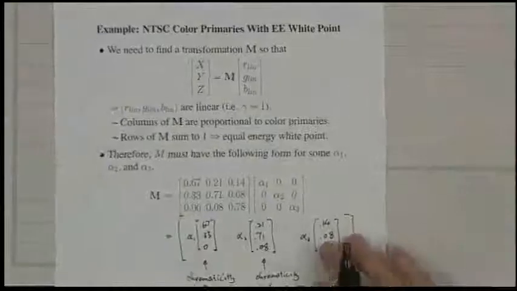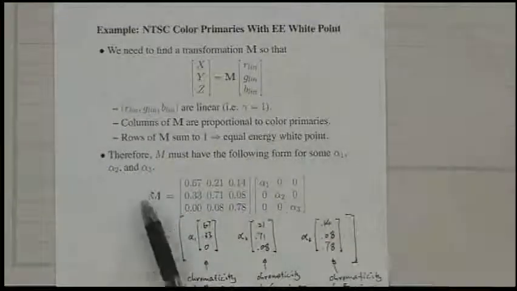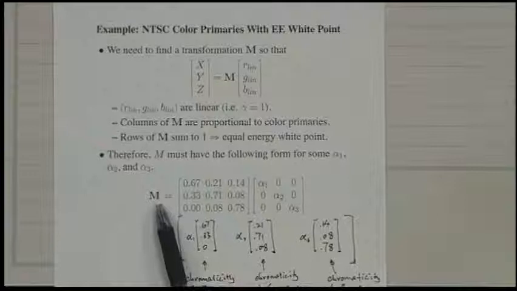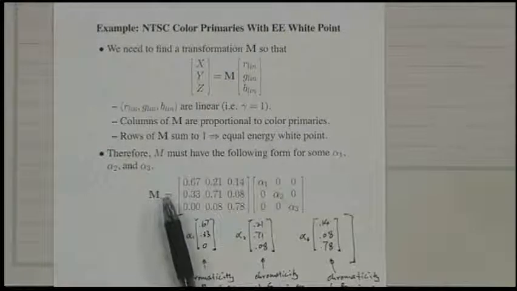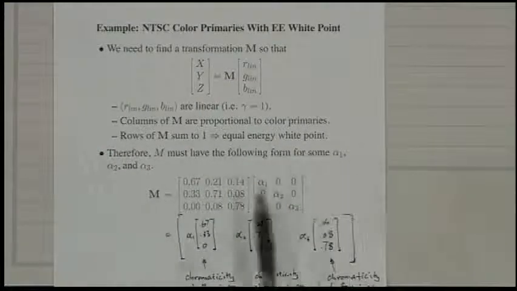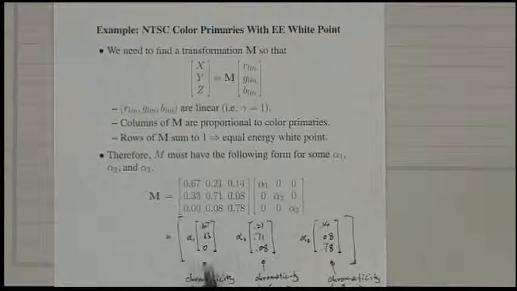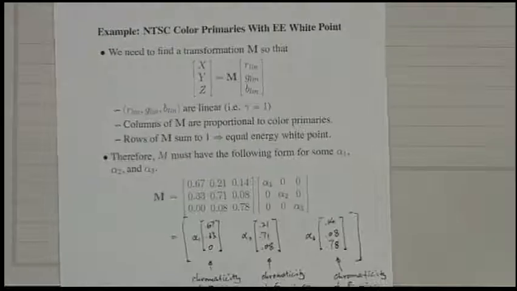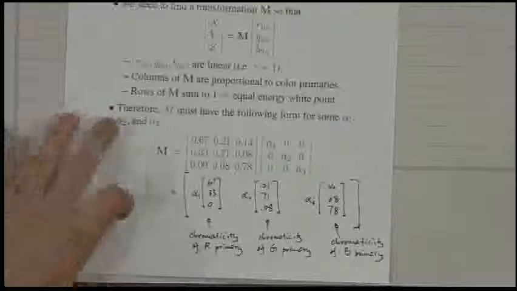So essentially what we are talking about is that this M matrix is, first of all, a 3x3 matrix. And the columns will be scalar multiples of the chromaticity of the RGB primaries. This is shown here.